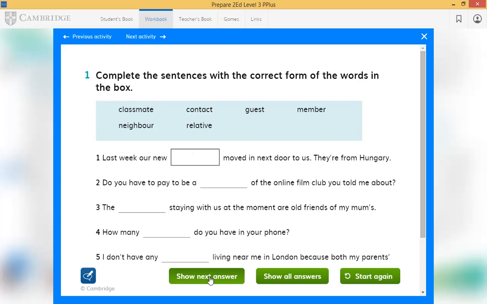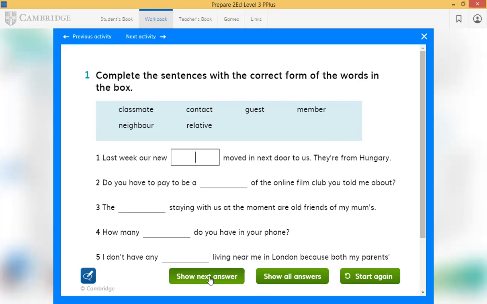Somebody has the answer for number one? No? No students? Nobody has the answer for number one?